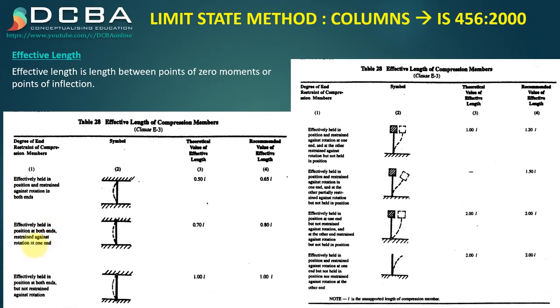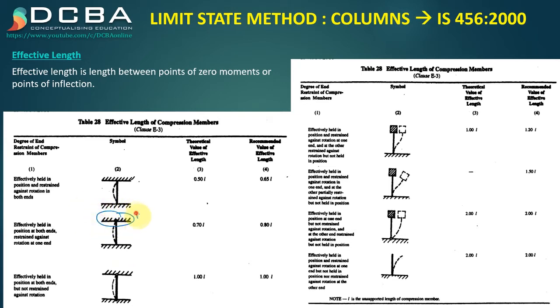Then the next case, effectively held in position at both ends, so both ends cannot move, restrained against rotation at one end. So only one of the ends is restrained against rotation. It means only one of the ends is fixed. At the other end rotation is possible, but no movement is possible.